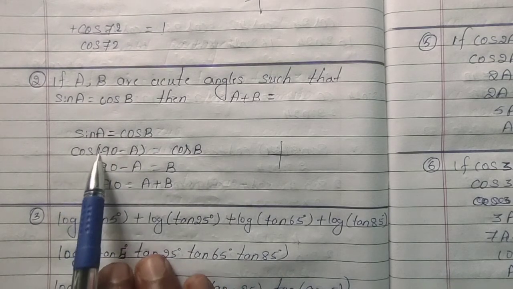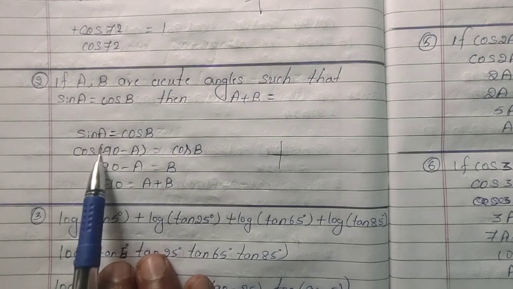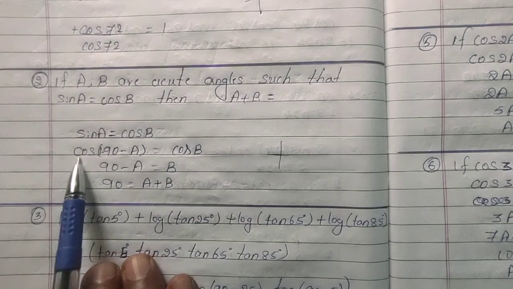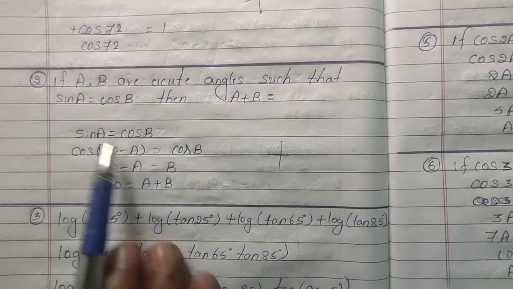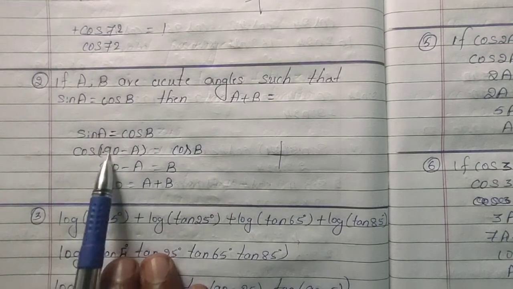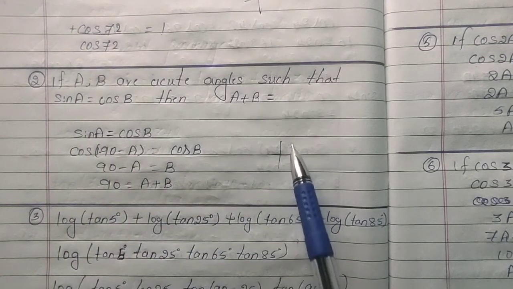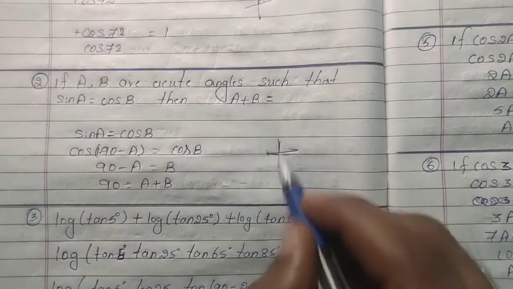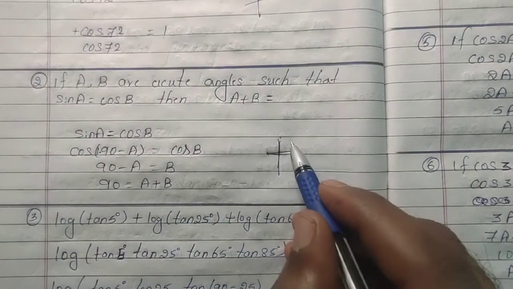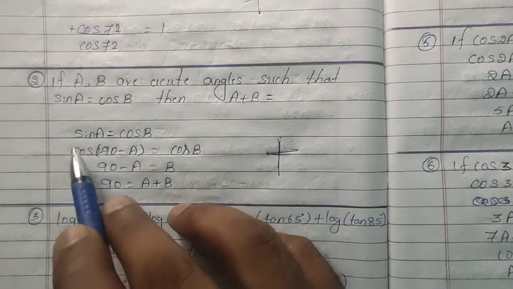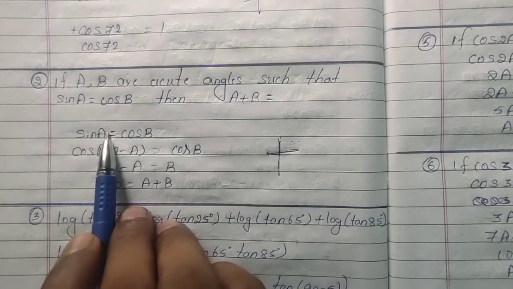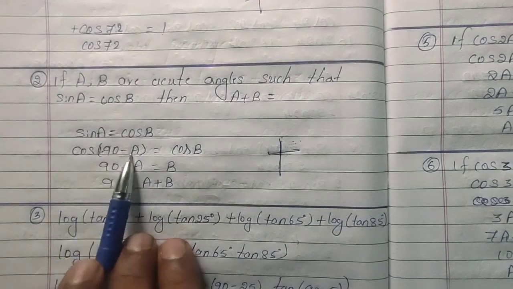See, think. This is what? 1. 1 is an odd number, no? Cos becomes what? Sin only. Theta is what? A. 90 minus theta means it is in the first quadrant. Yes or no? 90 minus theta means first quadrant. In the first quadrant all are positive, so cos becomes plus. So sin A, I can write as cos 90 minus A.